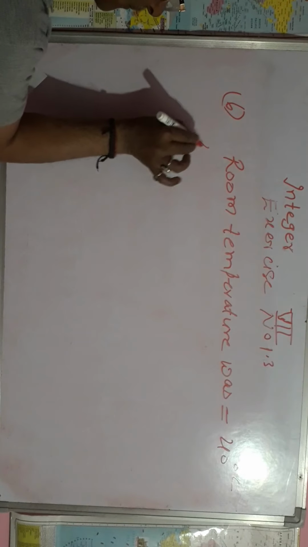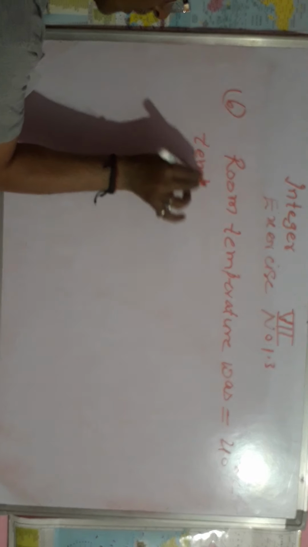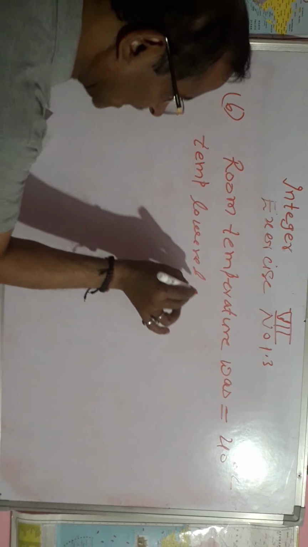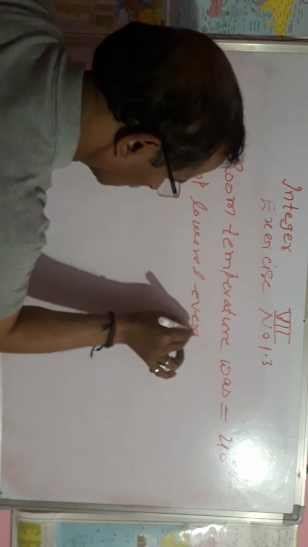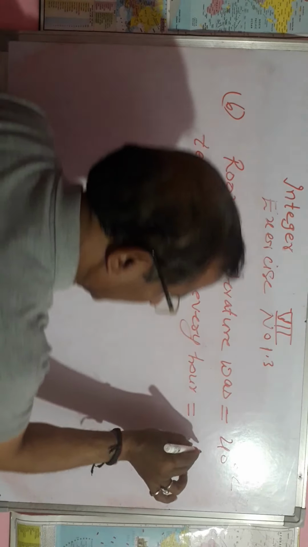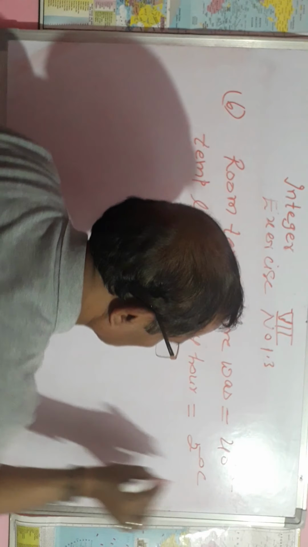Now the rate at which the temperature is lowered every hour is equal to 5 degrees Celsius.